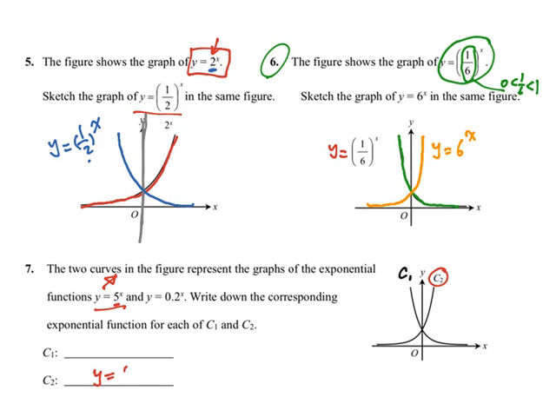So C2 is 5 to the power x. And for 0.2, actually it is the reciprocal. 1 over 5 is equal to 0.2. That means opposite. For this one, 0.2 is between 0 and 1. So it is a decreasing function. So C1 is y equal to 0.2 to the power x.